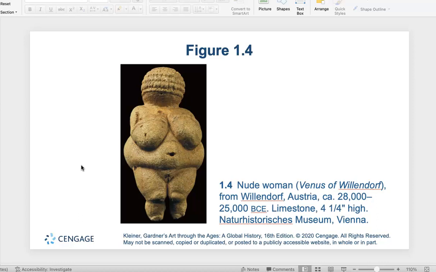Again, a hunter-gatherer, nomadic society that moved from place to place. They would follow their food supply, the animals that they hunted, and live in one area for however long, then deplete the animal supply there. And when they were done, they would move to another place, and so on in perpetuity.